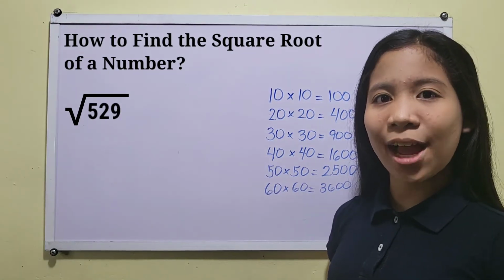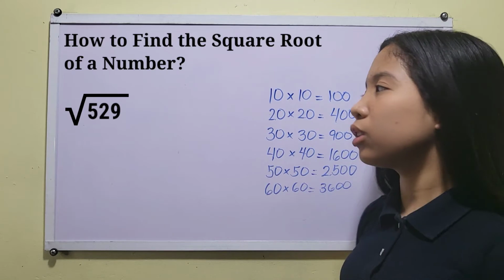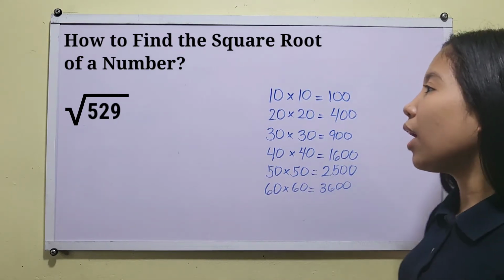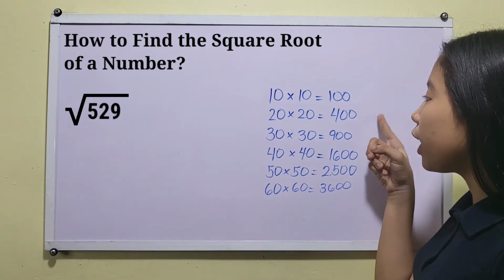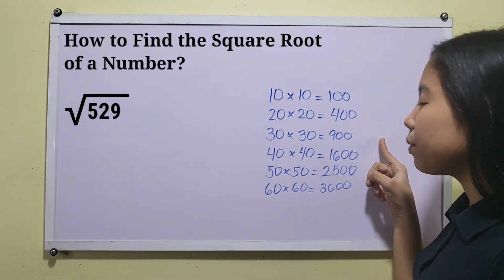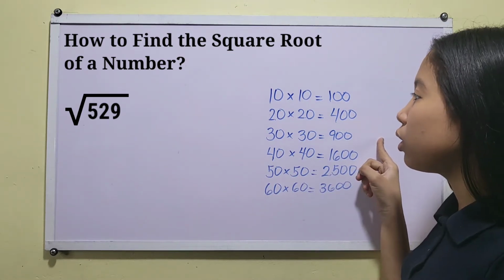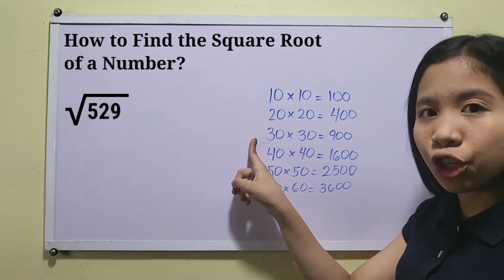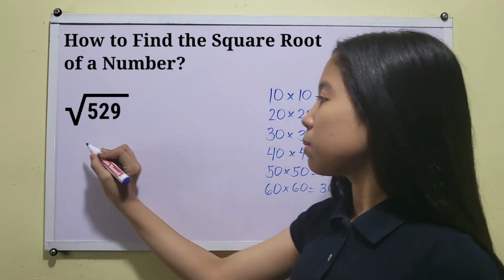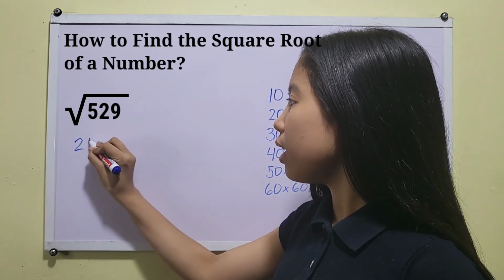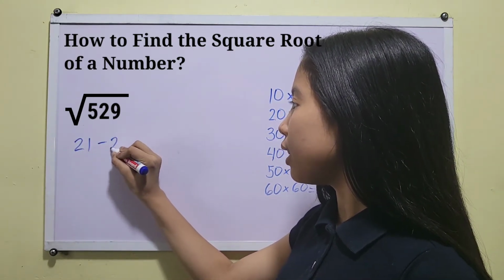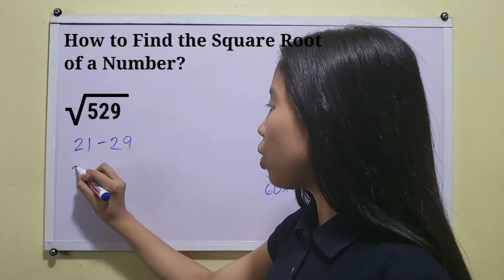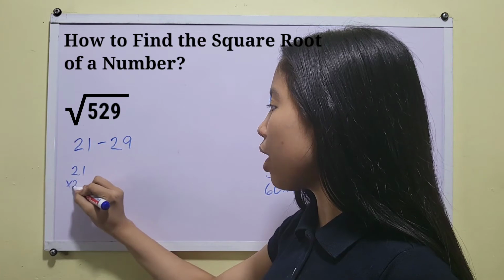For our next example, we are going to solve for the square root of 529. As you can see, 529 is between 400 and 900. So we know that our square root is larger than 20 but smaller than 30. So it is between 21 to 29. So let's start with 21 times 21.